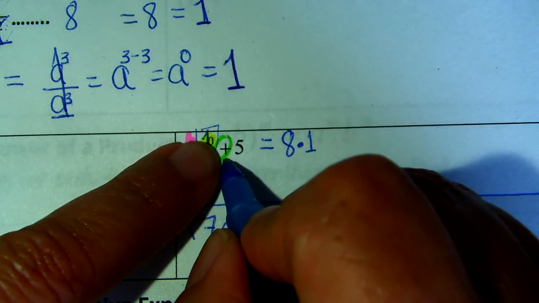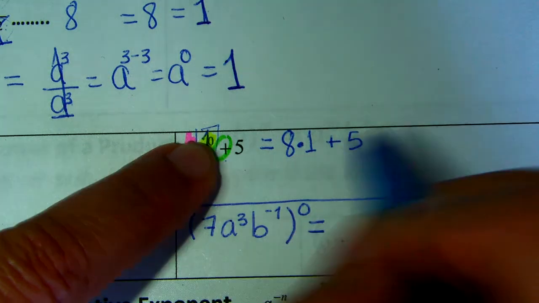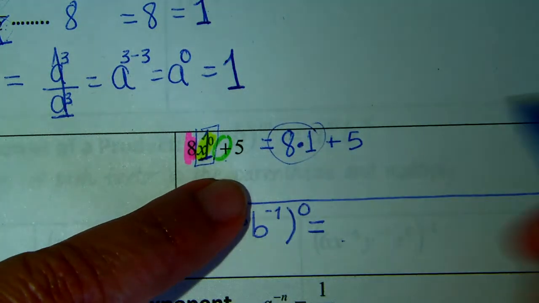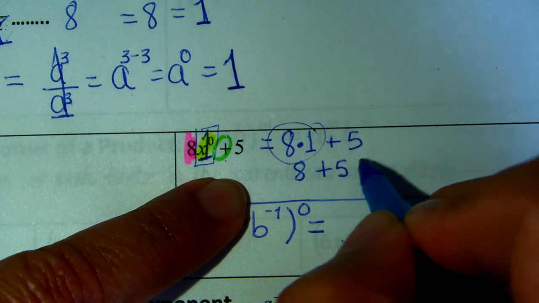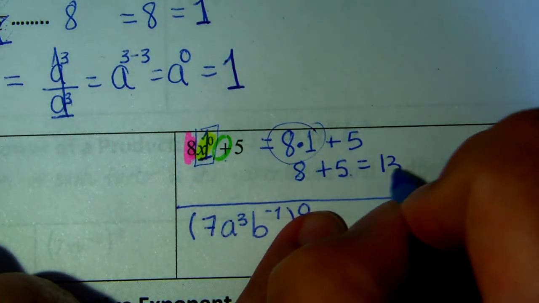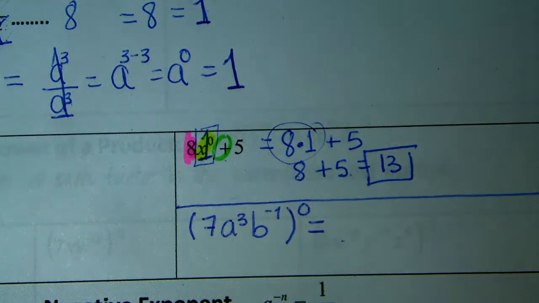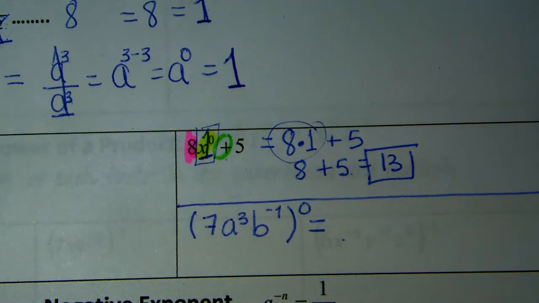And then we follow by this, plus 5. So what is 8 times 1? 8 plus 5. This gives you 8 plus 5 is 13. And that's the answer. Okay. So the exercises like these are going to ask you to simplify.